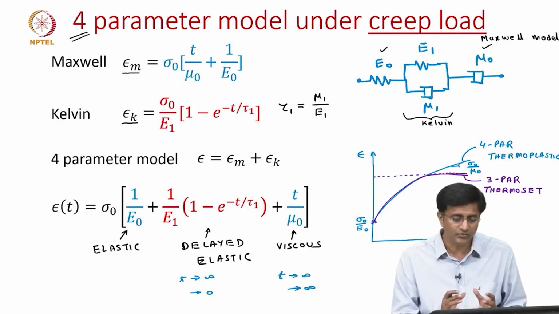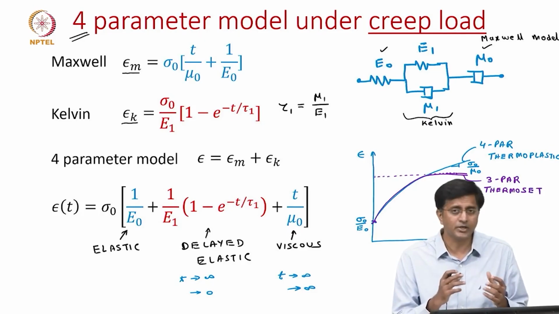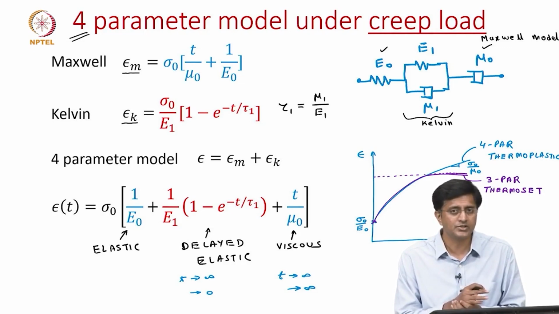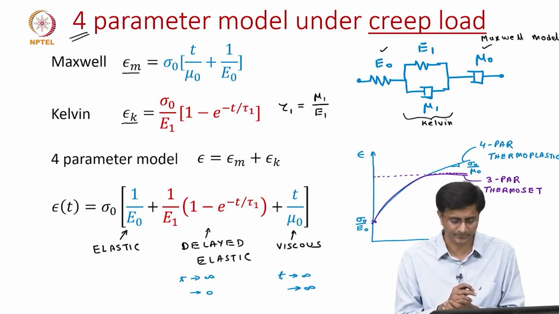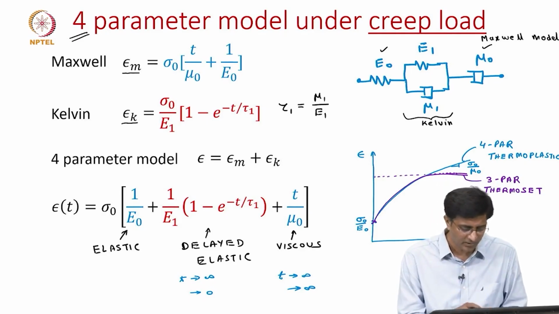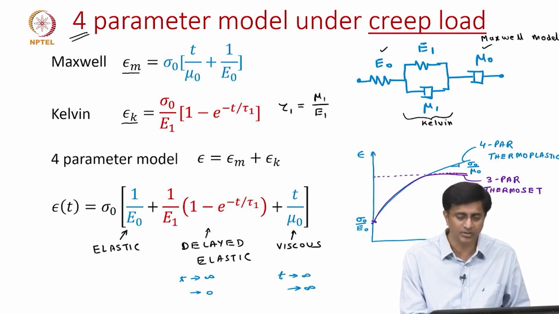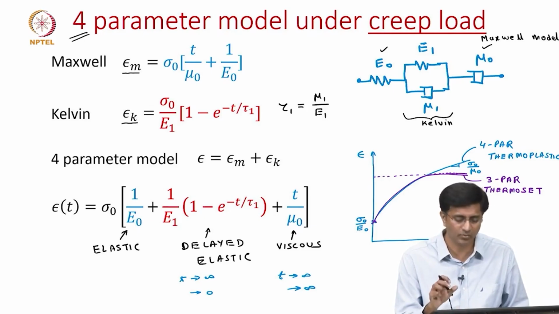To summarize, the creep response for a 4 parameter model is simply the sum of strains in the Maxwell model and strains in the Kelvin model, which is given by these 3 terms. The first term is the elastic term coming from the free spring, the second term is the delayed elastic coming from the Kelvin model, and the last term is coming from the free damper.